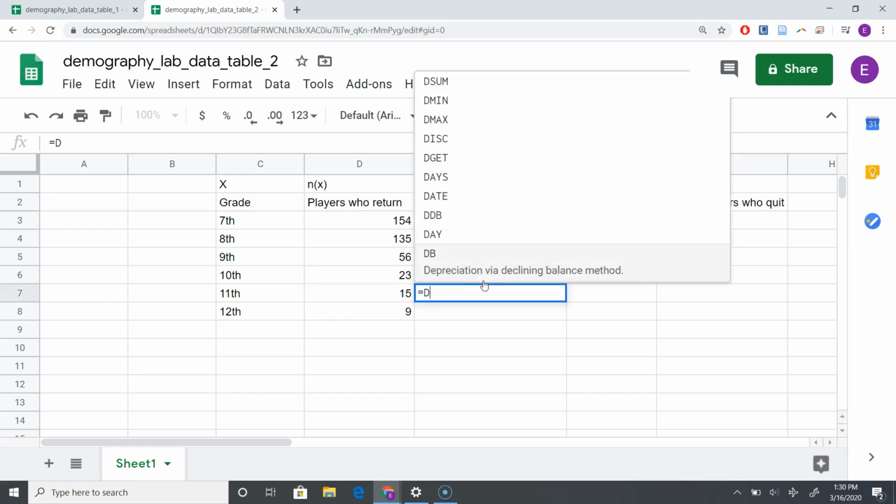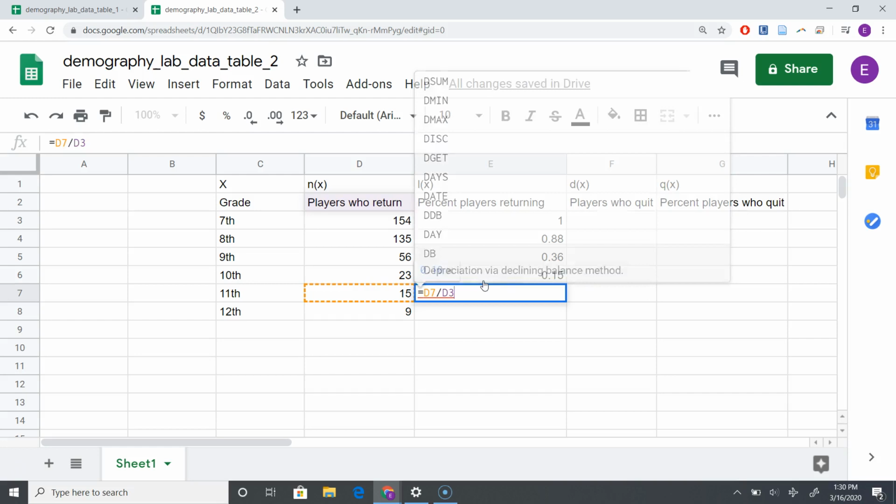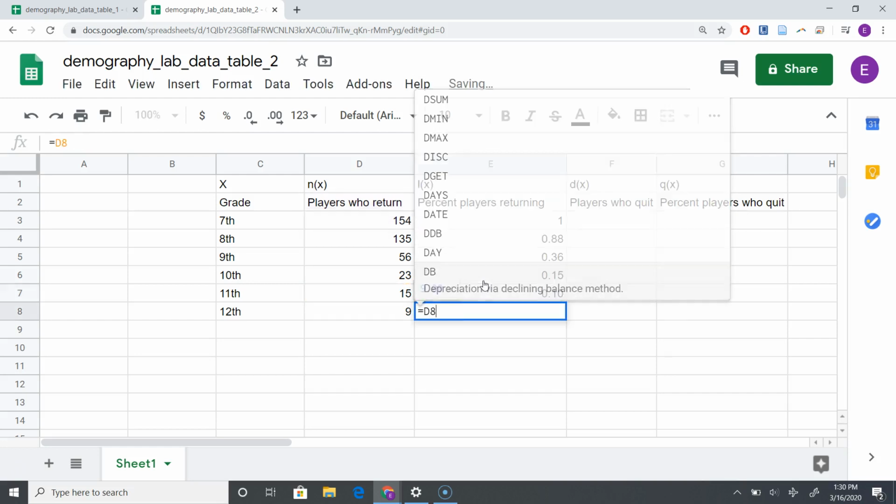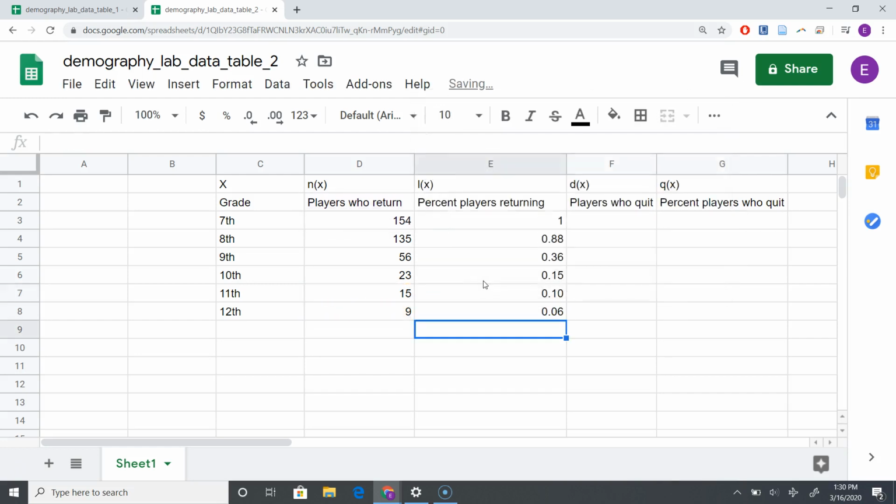I'm going to say equals D7 divided by D3. And then equals D8 divided by D3. And actually, if we wanted to, we could add another grade here, but it doesn't make any sense, right? Because there is no 13th grade. So no one is surviving, nobody's coming back to play for another year after their senior year.